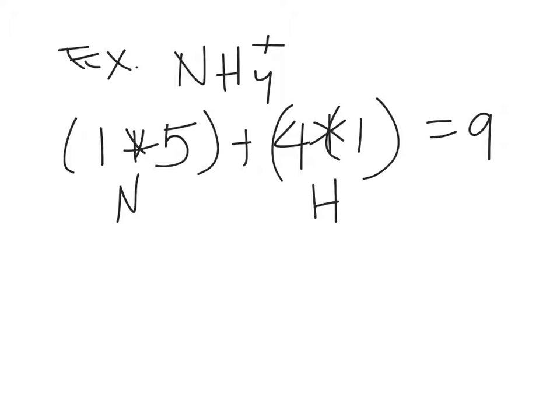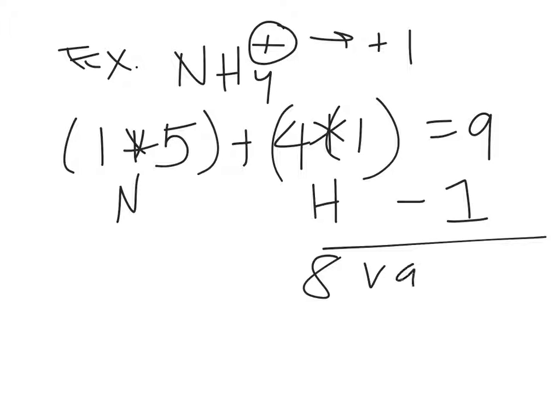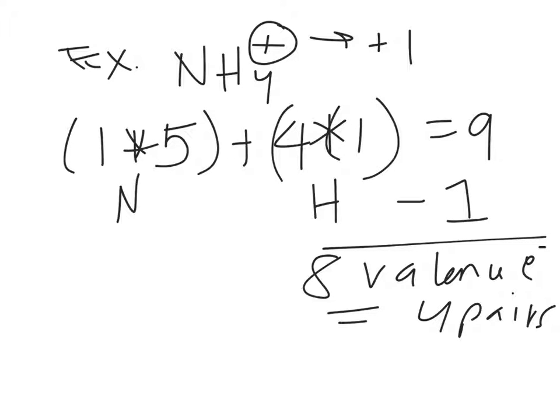However, we're going to have to subtract 1 valence electron because we have a total charge of +1. That means overall 1 electron is missing from this single nitrogen atom and 4 hydrogen atoms together. So that means we have 8 valence electrons to put on our structure, which is the equivalent of 4 pairs.